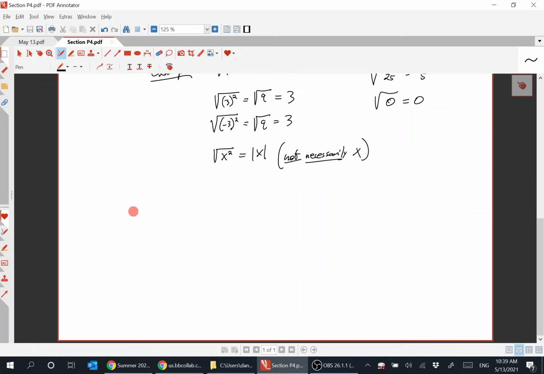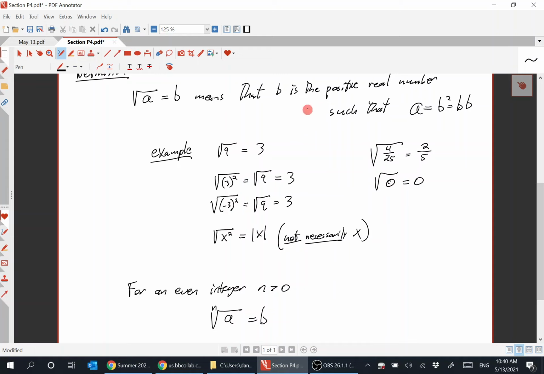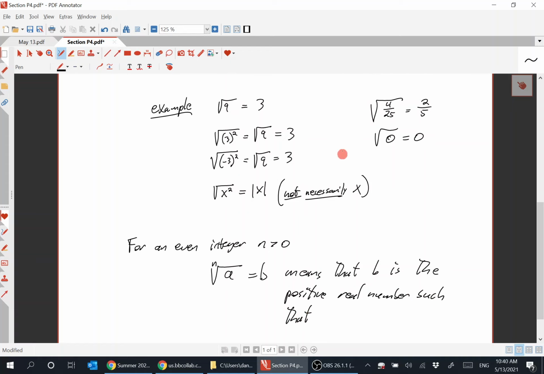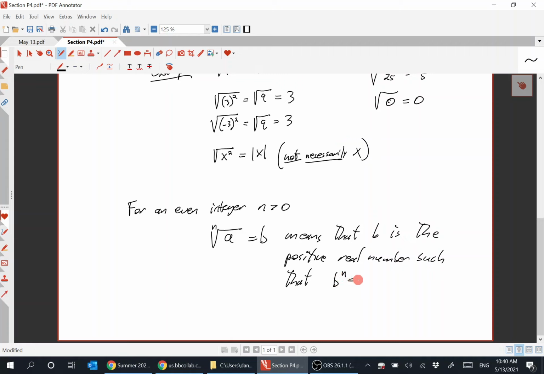For an even integer n, the nth root of a equal to b means that b is the positive real number such that b to the n is equal to a.